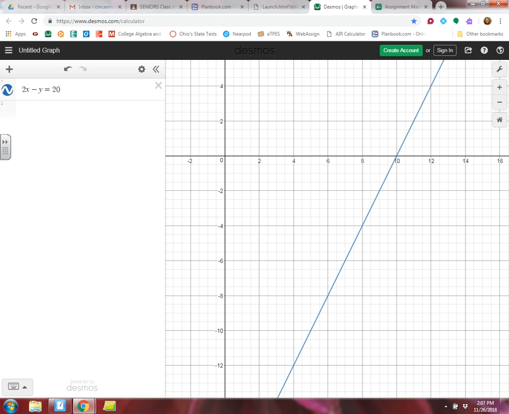Because you just can't see it. Can you zoom out? See, you just gotta find it. Sometimes you gotta move it around a little bit. Okay.